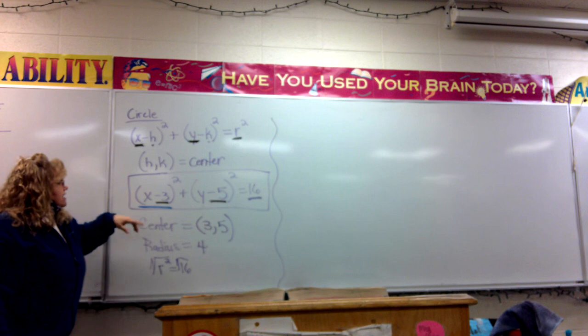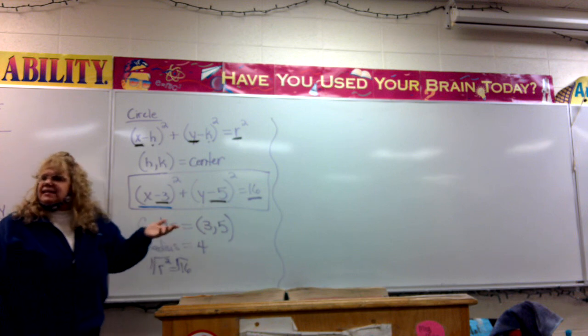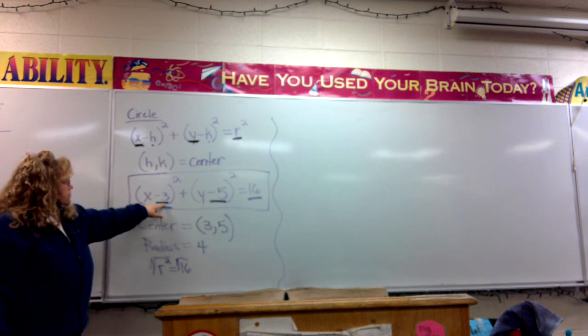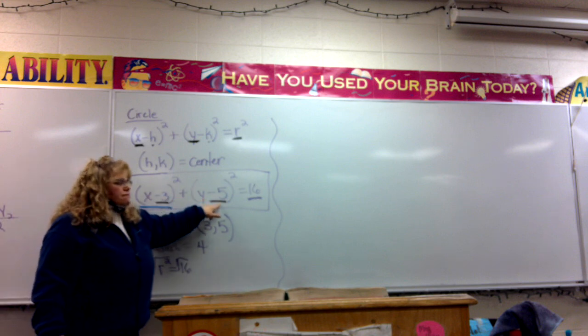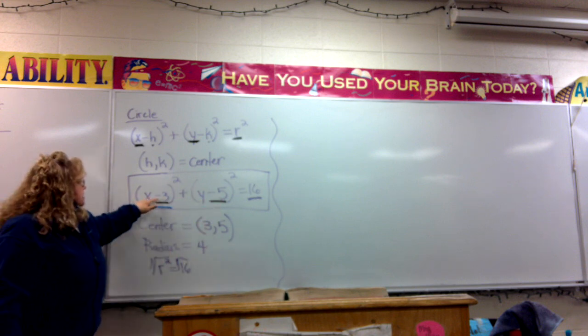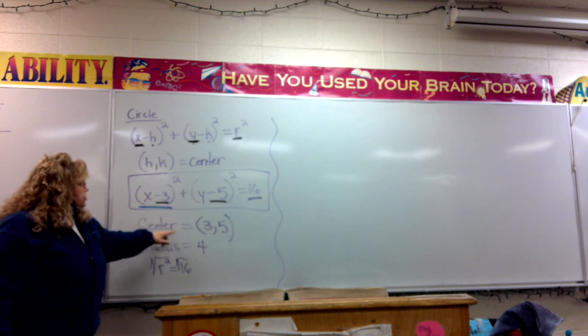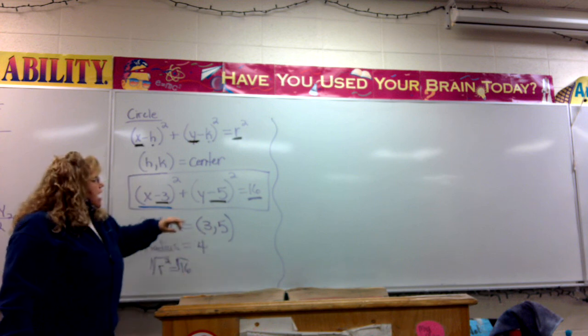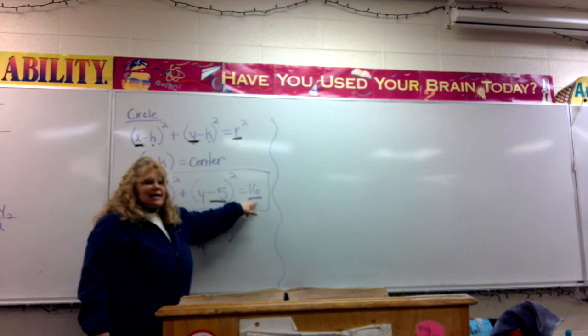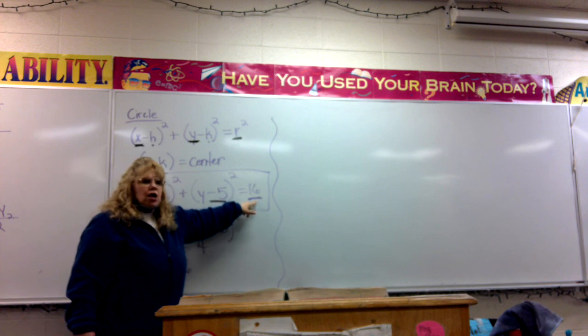Well, if you look at this, you could easily tell, I think, what's the center? 3, 5, positive. It's got to be the opposite of what's in here. So the center is 3, 5, and the radius, well, over here is the r squared.